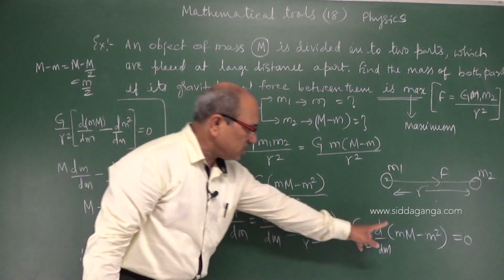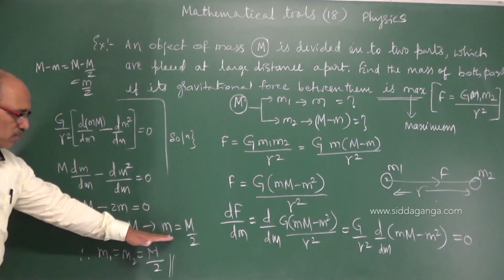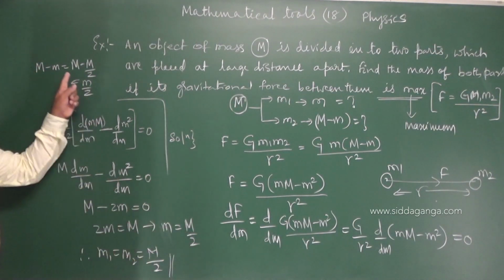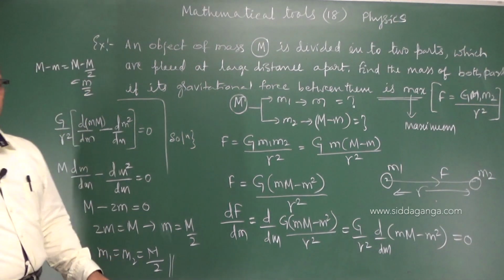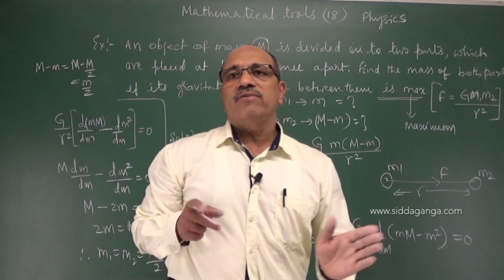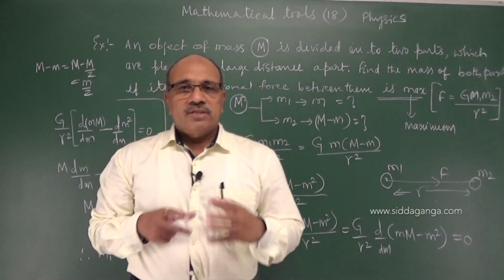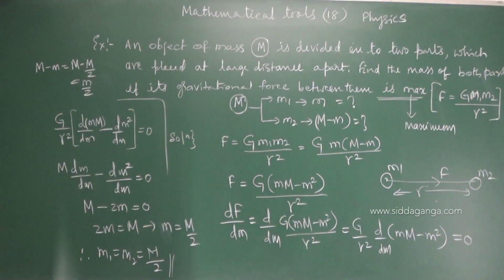We differentiated carefully and got small m equal to M by 2, and the other mass also becomes M by 2, m1 equal to m2, so both masses are equally divided. So you understood how this works, and I will take another problem and conclude this class.